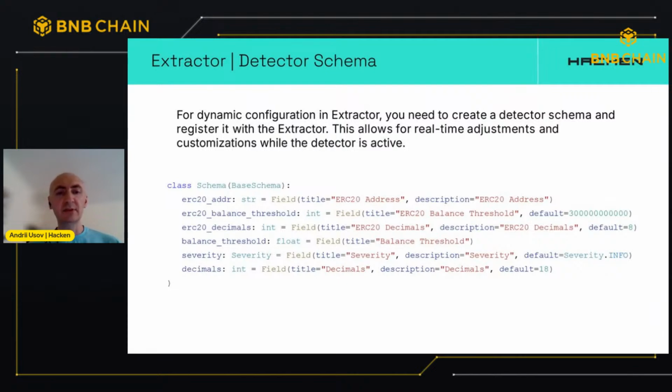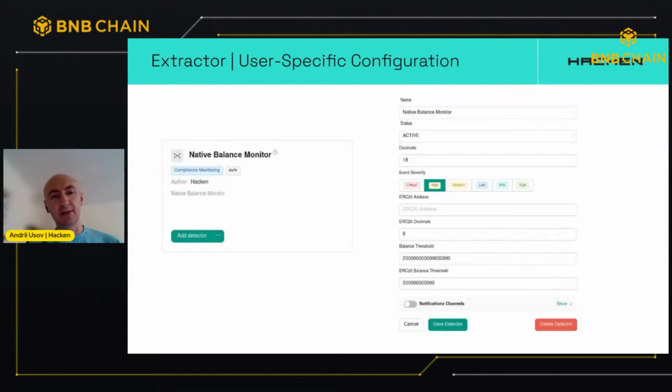And to do this, the SDK provides a schema for the detectors which you specify, and you register it in extractor. As a result, you will have a user-friendly menu which helps you configure per address, create detectors, create your monitor, and configure these parameters which you specify especially for you.